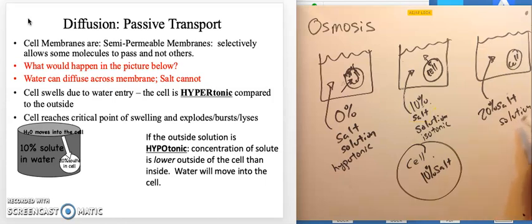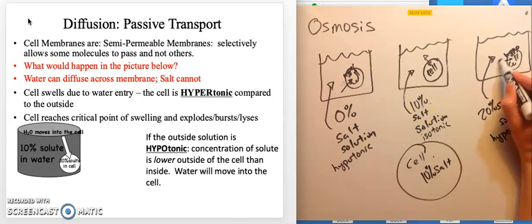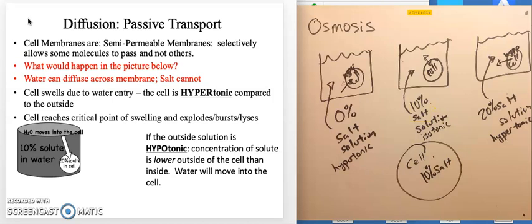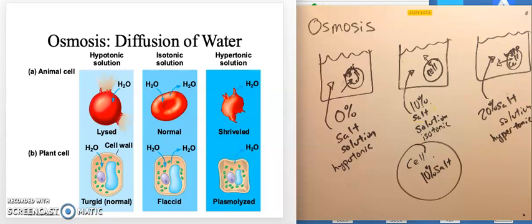In the last case, the environment is hypertonic compared to the cell, and the inside of the cell is hypotonic compared to its environment. If the salt could move, the salt would move into the cell, but since cell membranes are not typically permeable to salt, the water is going to move out of the cell. And the consequence of this is going to be different whether it's a plant or animal cell. Plant cells have a cell wall which limits their uptake of water.